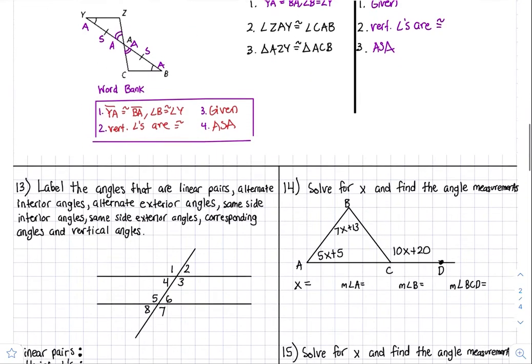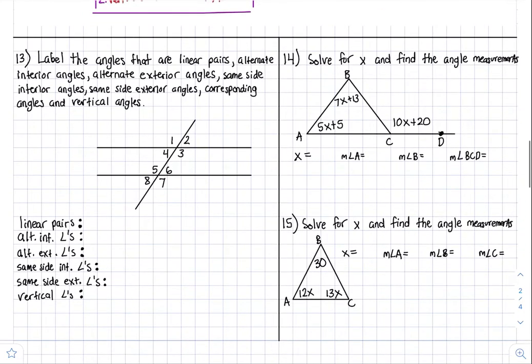Alright. Now we got 13. It says label the angles that are linear pairs, alternate interior angles, alternate exterior angles, same side interior angles, same side exterior angles, corresponding angles, and vertical angles. So this is just practicing your knowledge of identifying the different pairs.